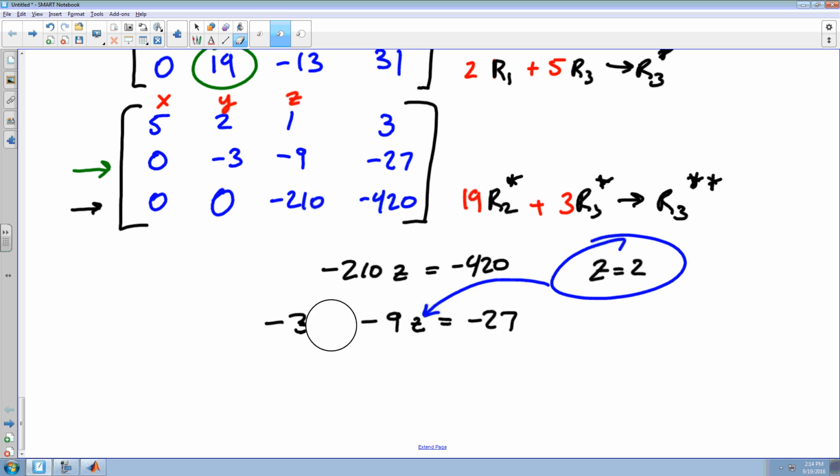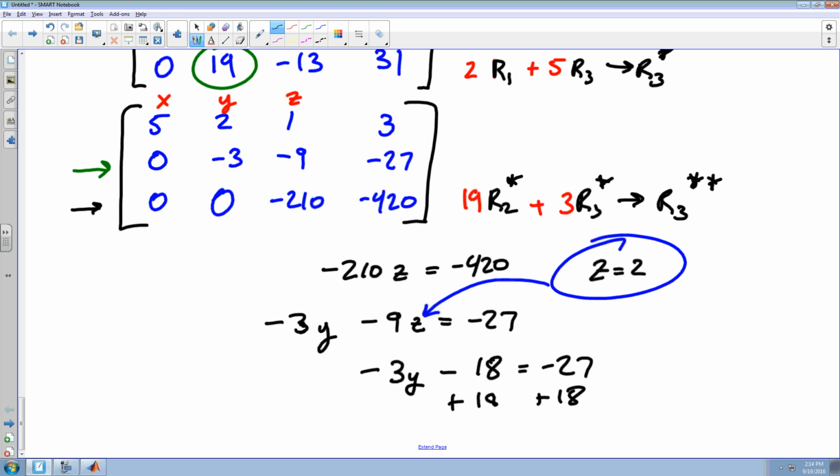Make sure that's clear. It's a y. Because if z is equal to 2, let's substitute it in. That's really saying minus 3y minus 18 is equal to minus 27. Well, bring the 18 over to the other side, right? And what you're really saying is minus 3y is equal to minus 9, right? So y is equal to 3.